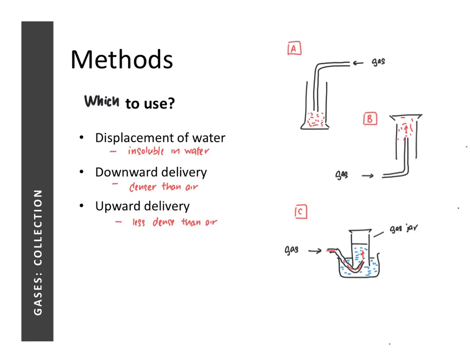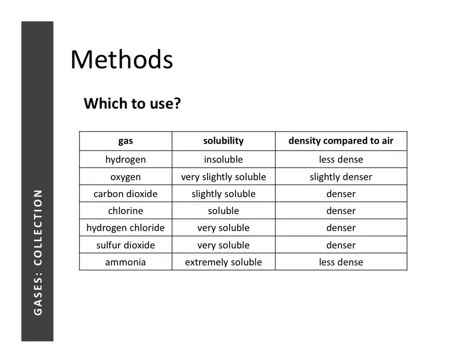So the natural question that comes next is, how do I know whether a gas is soluble in water or insoluble in water? How do I know whether a gas is denser or less dense than air? There's a very simple answer to that: you have to memorize the properties stated in this table.